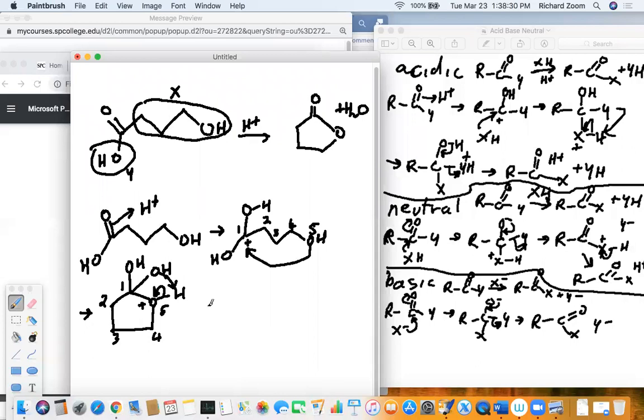But we get a proton transfer in the next step. And then in the last step, the leaving group leaves and the C double bond O reforms, and we end up getting our products.